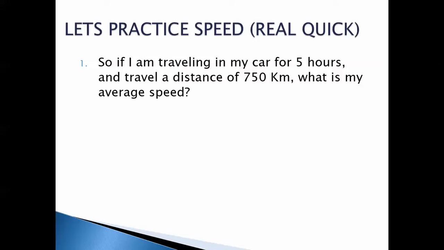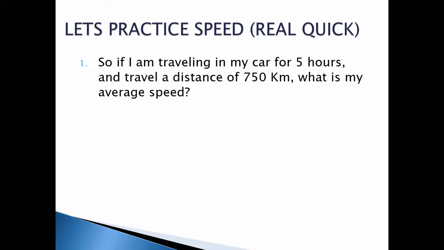But if I'm trying to figure out how fast I'm driving when I go from, let's say, Washington, D.C. to Florida on summer vacation, I'm going to see how many miles it was to get there and how many hours it took. But that's average. Sometimes I'm going faster than the average, sometimes I'm going slower than the average. So for our class, we calculate average speed.